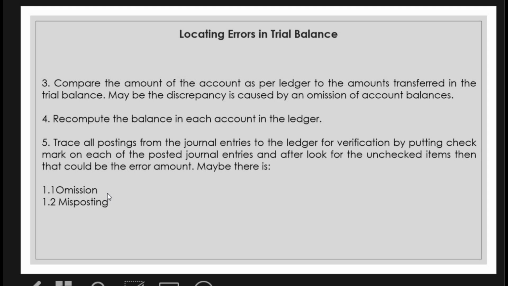And then, kung wala pa rin, you go back again to your general journal. So, pabalik siya, no? So, do not go directly to the general journal because you might be wasting much of your time. So, you have to do it in an efficient na manner. So, yun yung proper sequence sa pag-locate ng error sa trial balance.